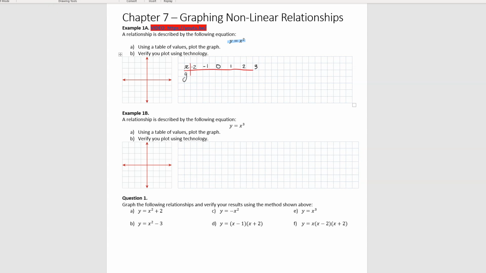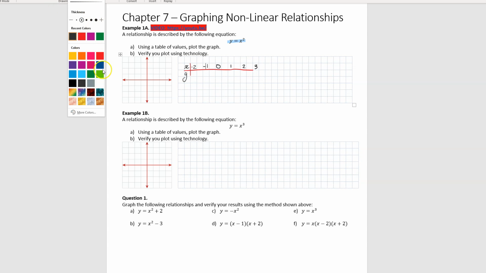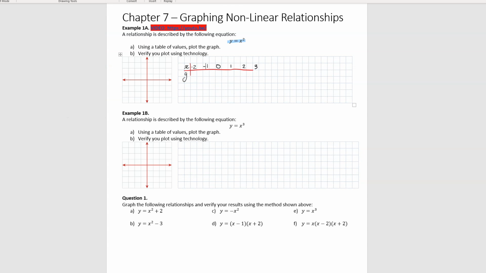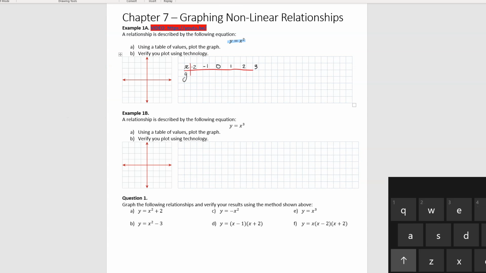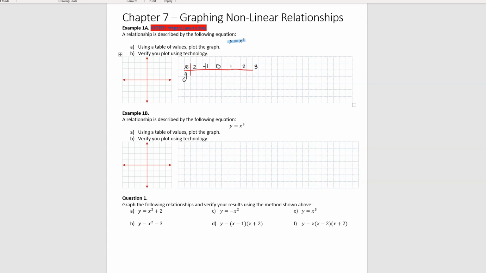Now, to populate the rest of the table, we need to synthesize some results. What that means is we have to write out the equation y equals x squared, and then substitute in the values of x to calculate the values of y. So when x is equal to 0, the value of y is going to be 0 squared, and therefore y will be 0.